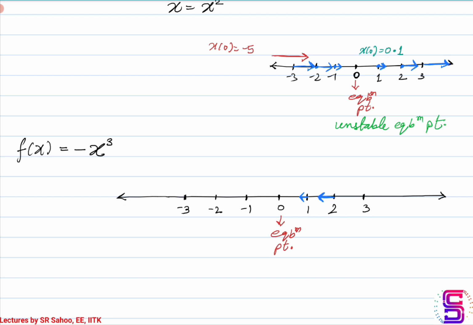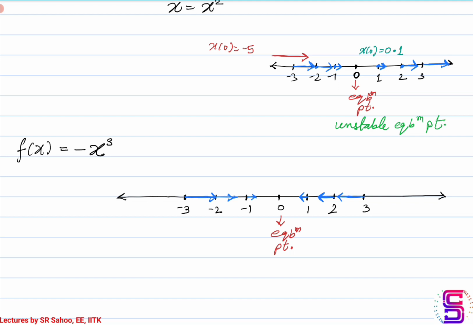And then at x equal to 3, minus x cubed is going to be -27. So this is the vector that you have. Similarly, at x equal to -1, x dot is going to be 1. At x equal to -2, x dot will be 8. And at x equal to -3, x dot will be 27.